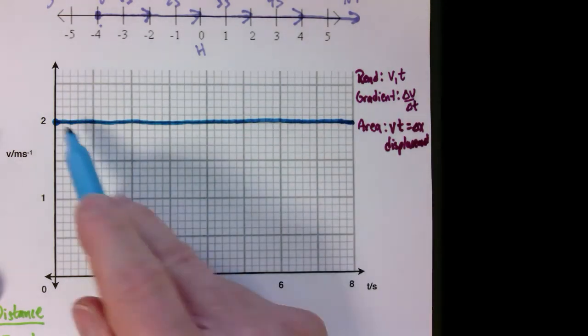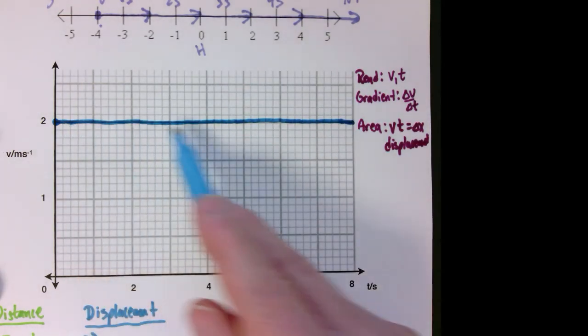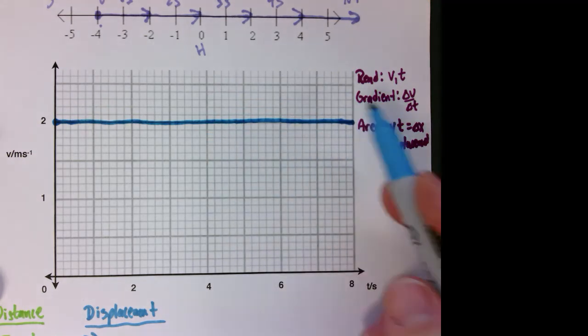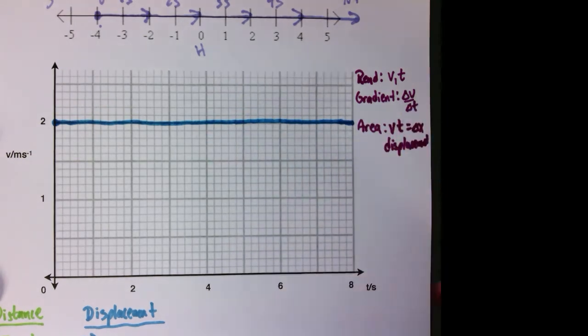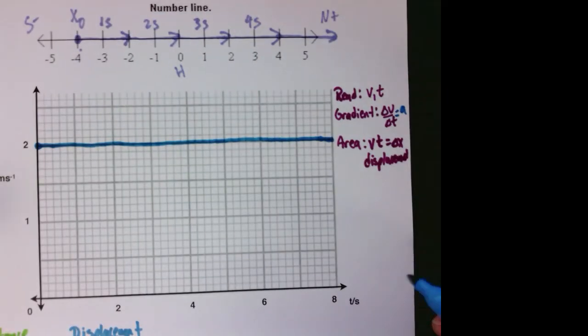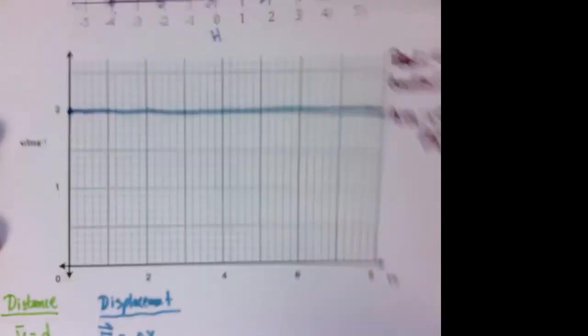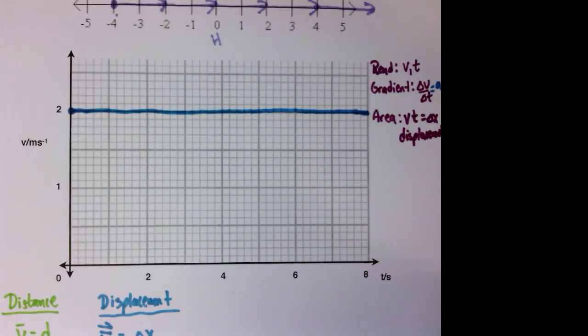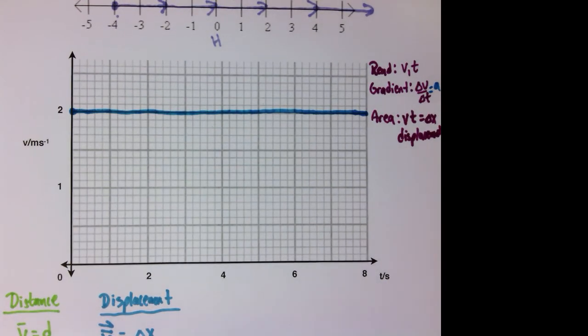So what we see is a graph of 0 slope, a straight horizontal line. We notice the gradient is 0. Well, what's the gradient? The gradient is equal to the acceleration. Well, acceleration is change in speed. There's no change in velocity in this situation. So we would, of course, expect the gradient to be 0.